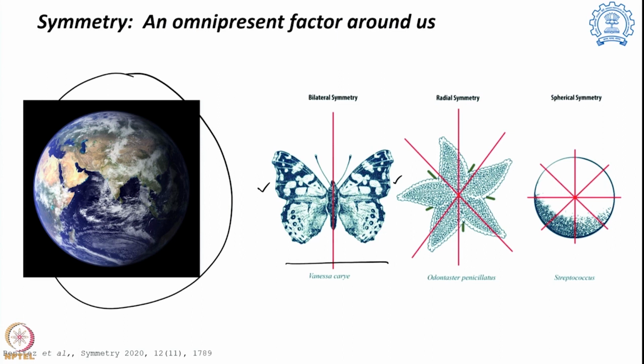Also we see this particular sea creature where different portions of the body are symmetric, and if we go around these lines we see a symmetric arrangement. This is called radial symmetry. And the last, we also have spherical symmetry. This is an example of a bacteria shown over here.